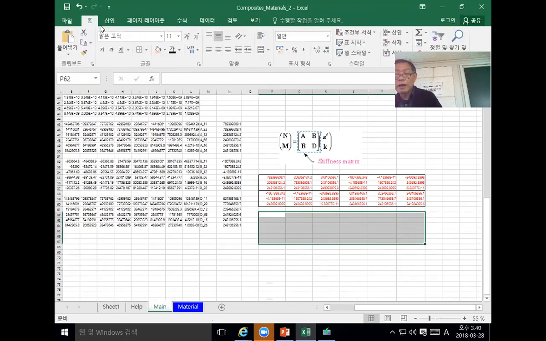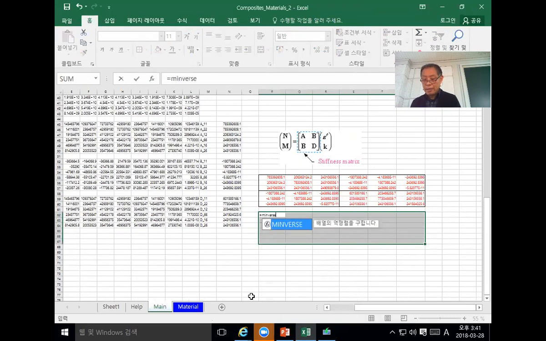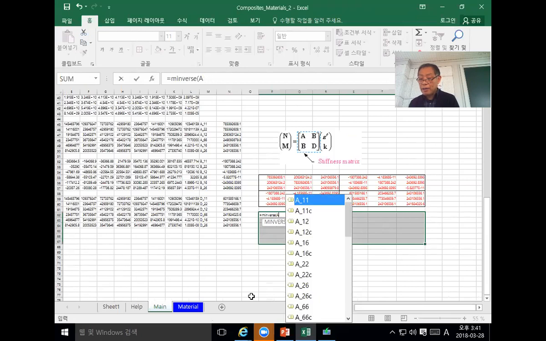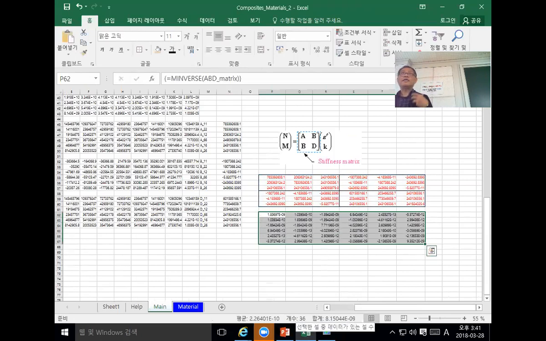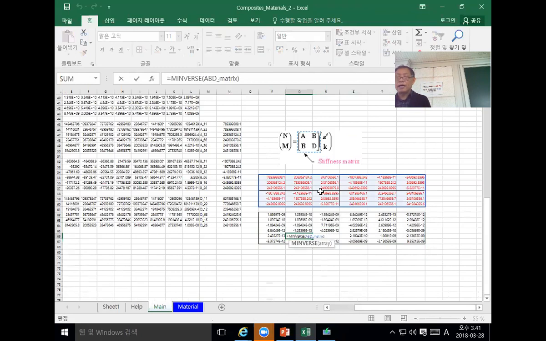So this is the a matrix, equal to the matrix inverse of what we call the ABD matrix, right? So that's it. This is the inverse matrix of this guy.